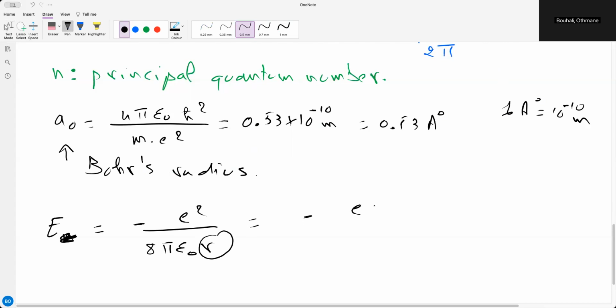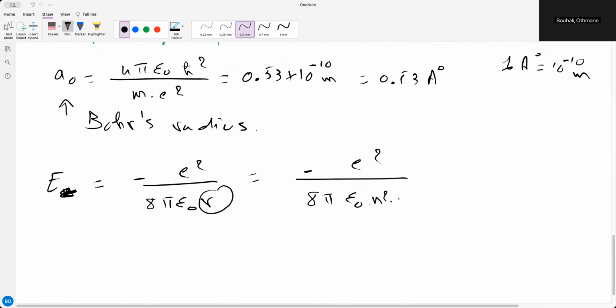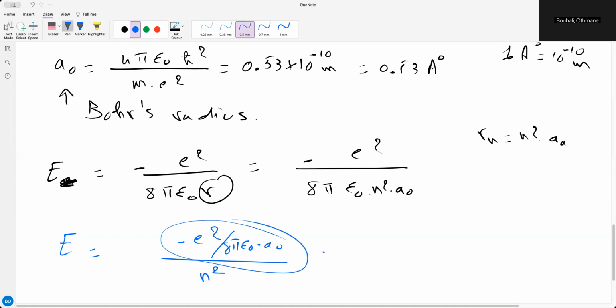This gives me minus e squared over 8 pi epsilon 0 r, and we know that r is equal to n squared A0, because if you remember, Rn is equal to n squared times A0. So the energy is equal to minus e squared over 8 pi epsilon 0 A0, divided by n squared. This is a constant, which we also call E0, over n squared.